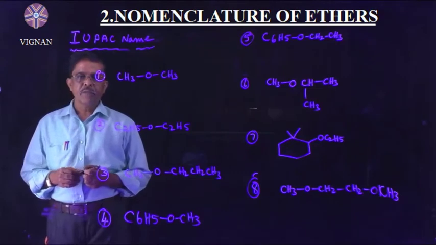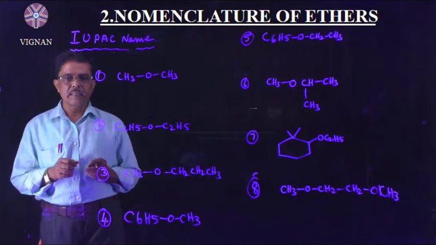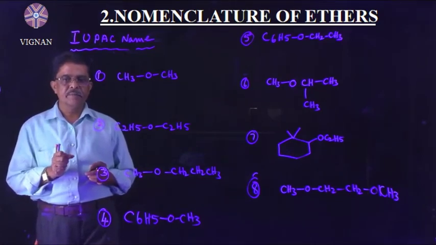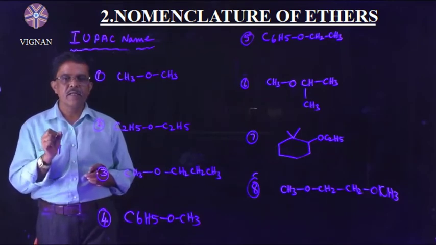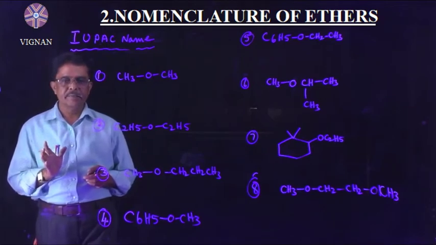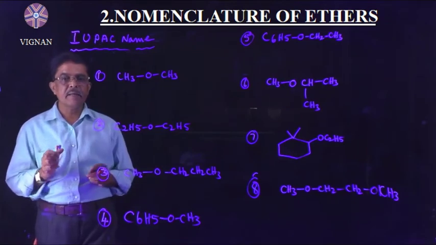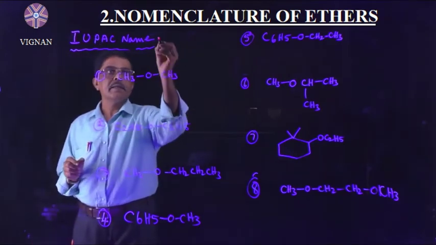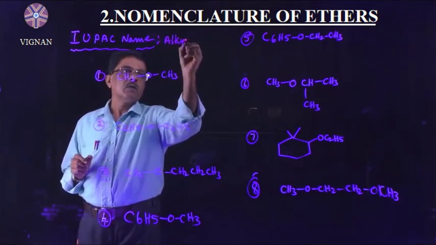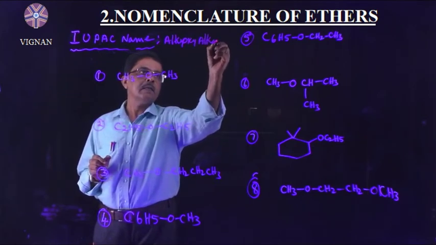Students, we discussed the common nomenclature of ethers. But in the IUPAC system, IUPAC means International Union of Pure and Applied Chemistry. According to the IUPAC system, ethers are named as alkoxyalkanes.